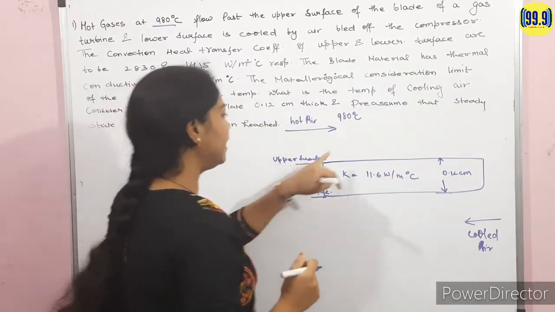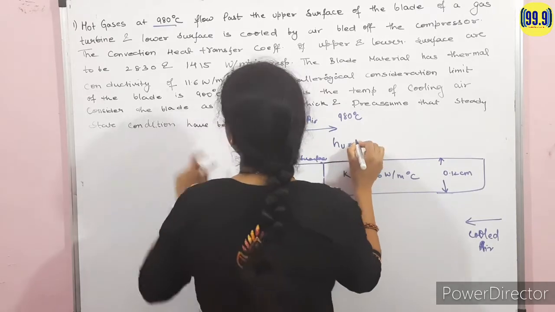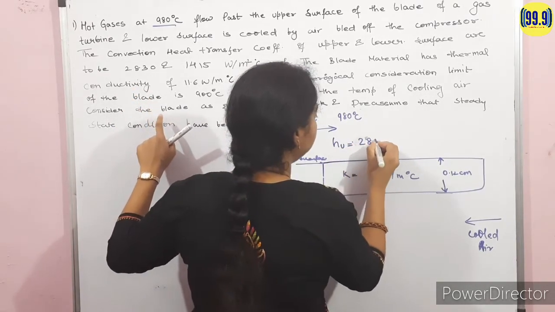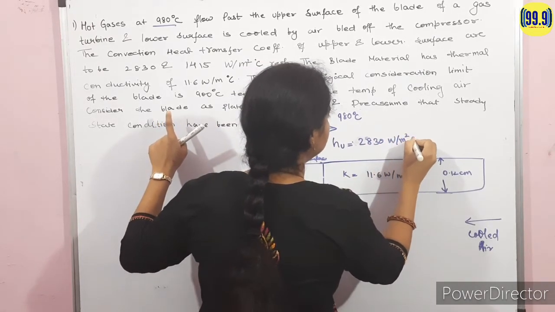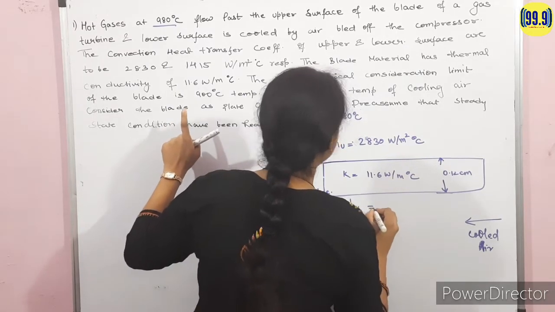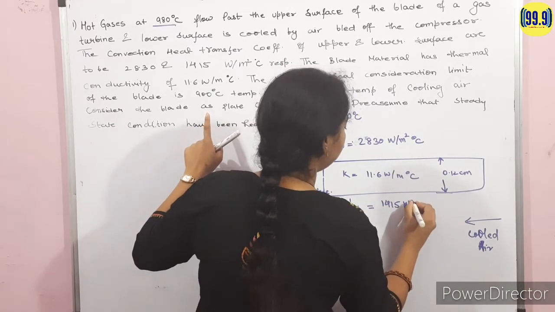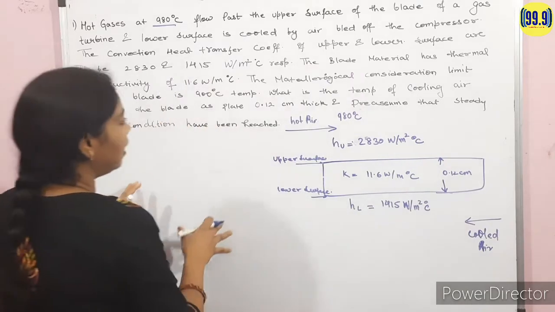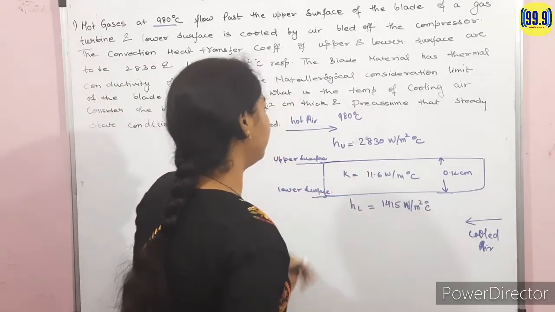The heat transfer coefficient of the upper surface is 2830 watt per meter square degree Celsius, and the heat transfer coefficient of the lower section is 1415 watt per meter square degree Celsius. So I have written down all the given data in this schematic diagram.